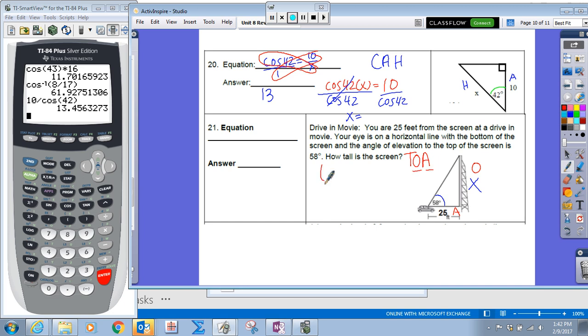Okay, so the tan of 58 degrees is equal to opposite x over 25. Then we want to set it up like a proportion and cross multiply. So we have x times 1, and then the tan of 58 times 25.